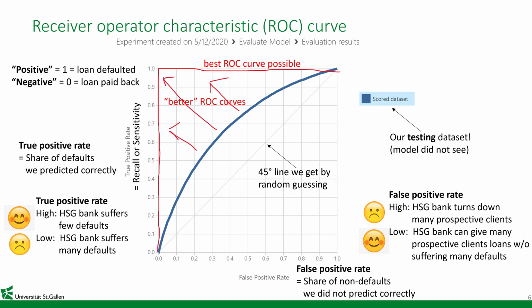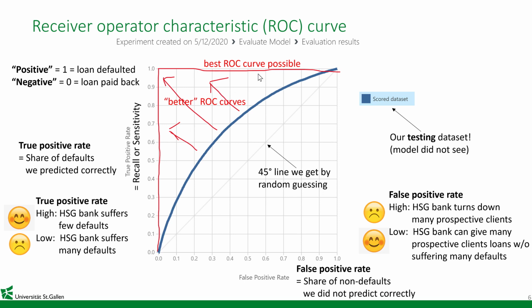This also means that if we have two different kinds of models, and one model has for a given false positive rate a higher true positive rate, then with fewer mistakes we are able to catch more actual defaults. This would mean that this model therefore is better. So given the same false positive rate, we're able to catch more defaults.